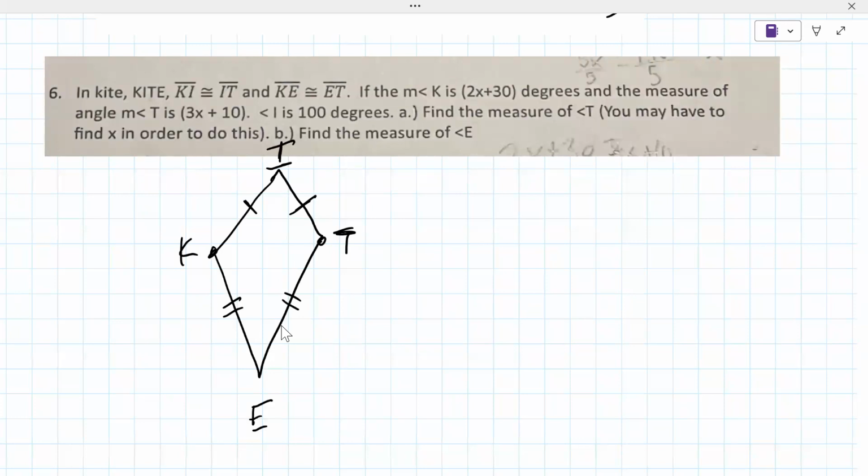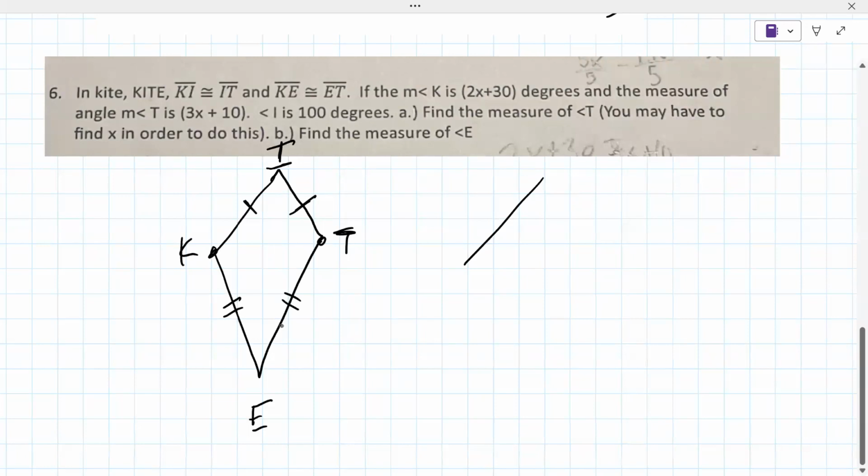Jesse, I just want to clarify. By the congruences you can figure out where K, I, and T go here. But is there not a rule that when they give you a kite with four letters, the K would always be on the far left side? It would not.